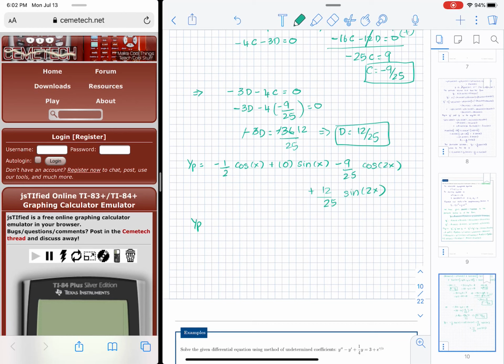So yp is minus 1/2 cosine x, minus 9 over 25 cosine 2x, plus 12 over 25 sine 2x.